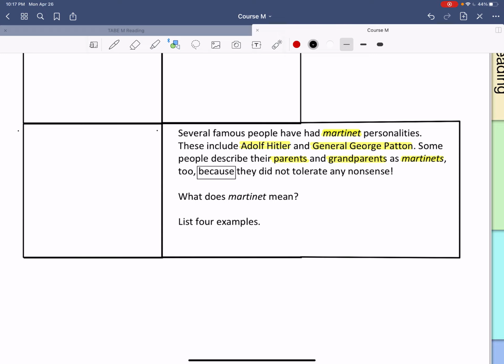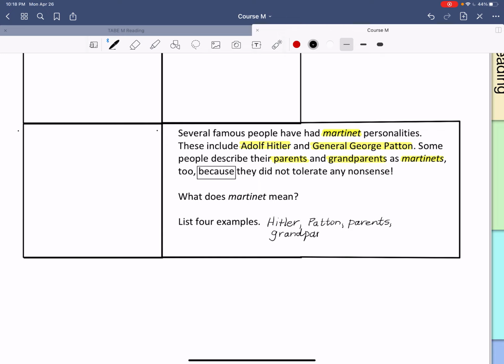So we're supposed to figure out what the word martinet means, and we're supposed to list 4 examples. Well, I'm going to start by listing the examples because those are given to me in the text. We have Hitler, General Patton, parents, and grandparents.